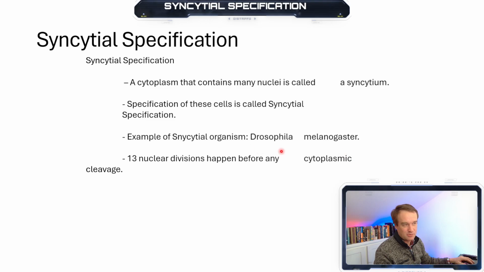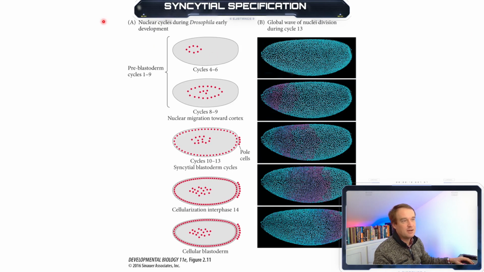An example of this would be Drosophila melanogaster, or the fruit fly, which we do a lot of developmental biology with. There are 13 nuclear divisions before any cytoplasmic cleavage occurs. Here is an example, a Drosophila egg, showing the nuclear cycles during early development. You can see one cell with a bunch of little red nuclei.